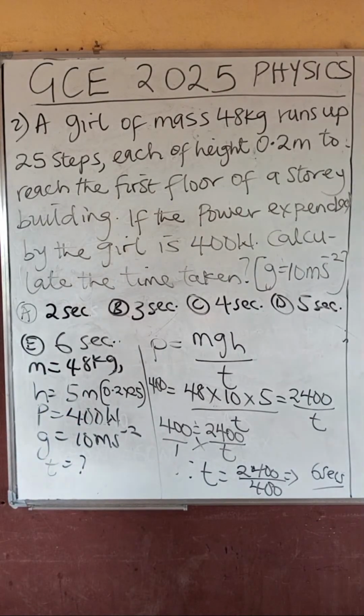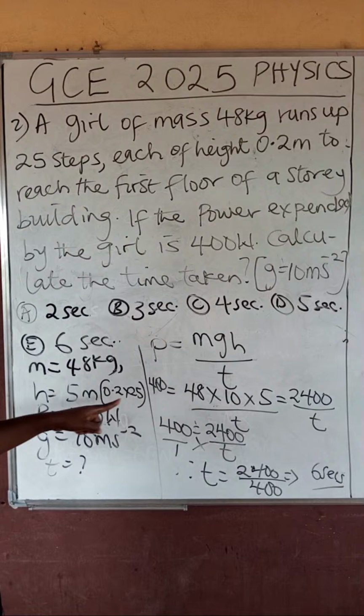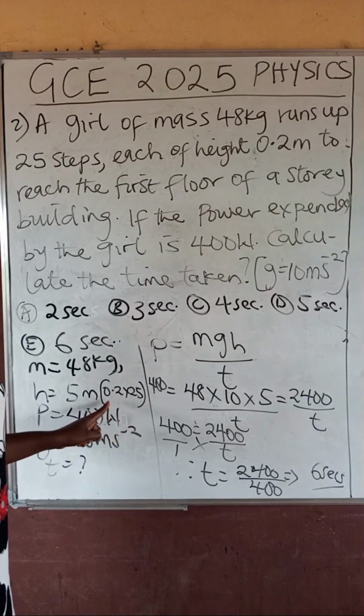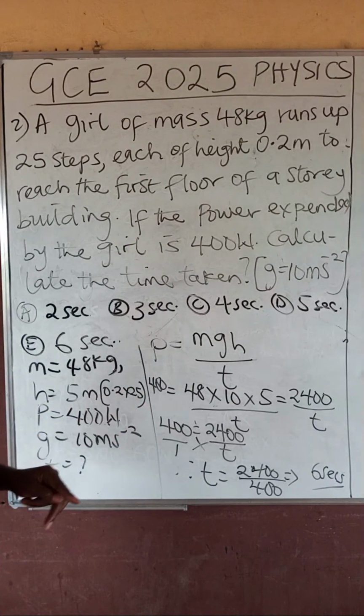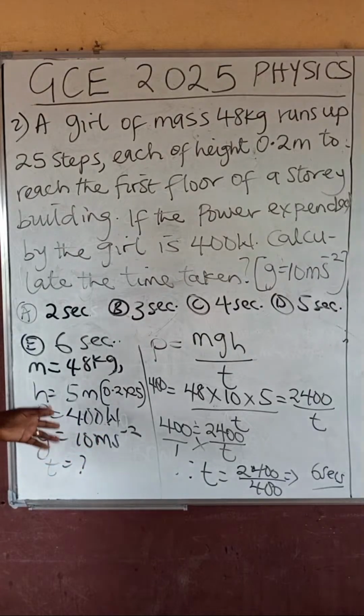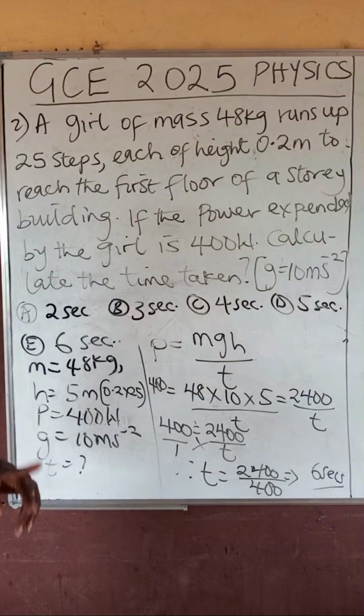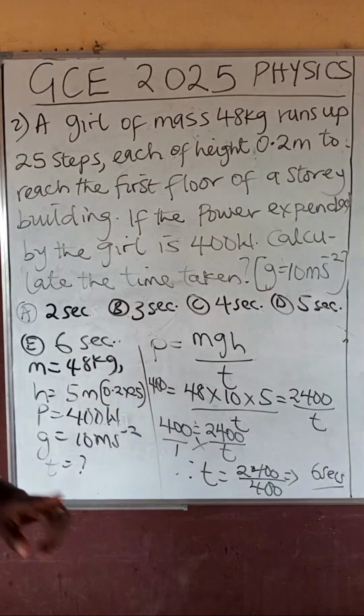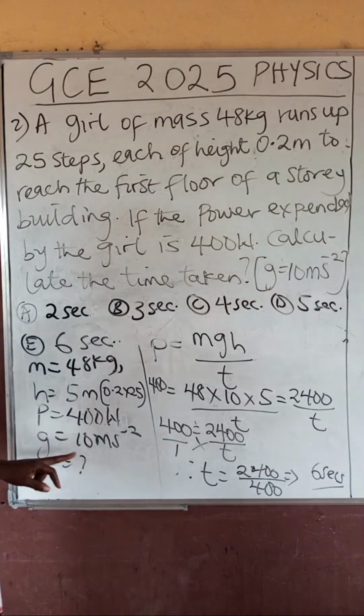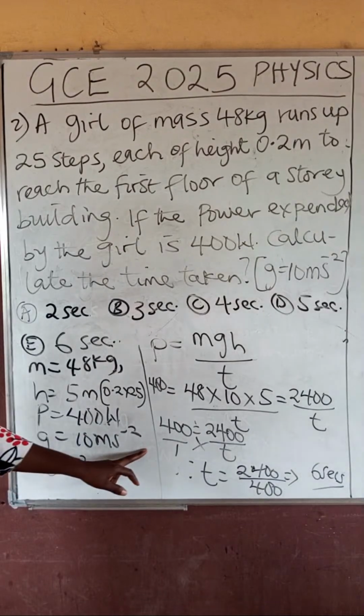The E. Let me go again by explaining that the mass of the girl is given as 48 kilograms. For us to get the total height, because the girl climbs 25 steps and each has a height of 0.2, we say 0.2 multiplied by 25, and the answer becomes 5. From the question, we are given power to be 400 watts, and g, which is 10 meters per second squared.